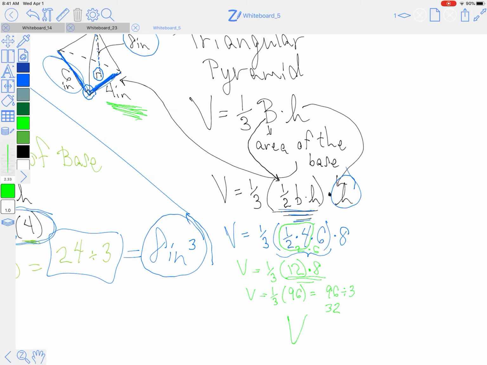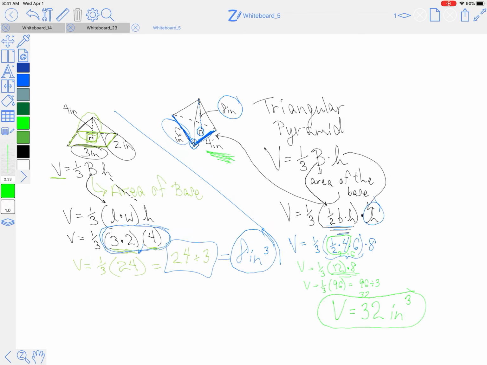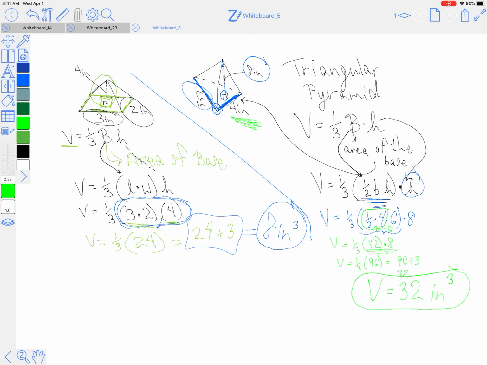So my final answer, the volume for this triangular pyramid, is 32 inches cubed. So those couple examples should help you answer the questions on your IXL assignment for volume of pyramid.